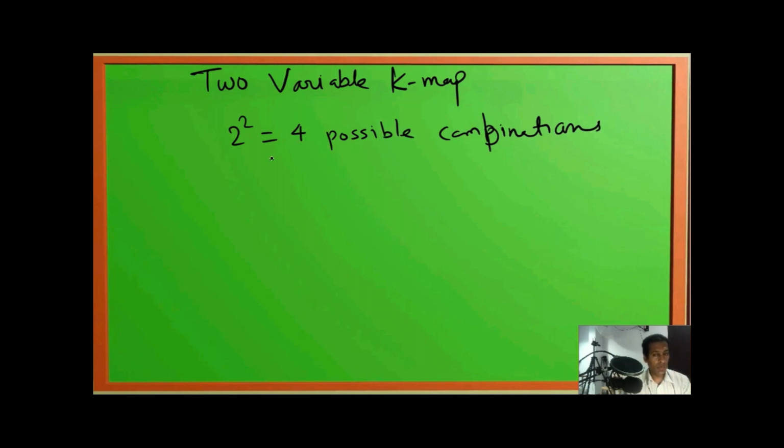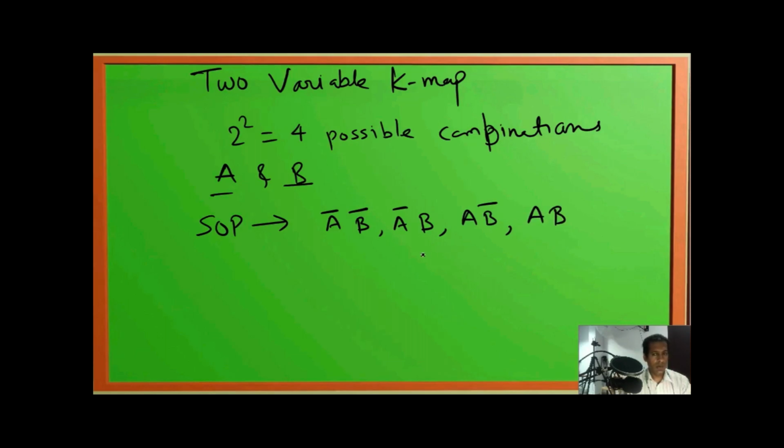We have two input variables, say A and B. Each of these combinations we can write in SOP form as A bar B bar, A bar B, A B bar, or AB, corresponding to 00, 01, 10, 11.